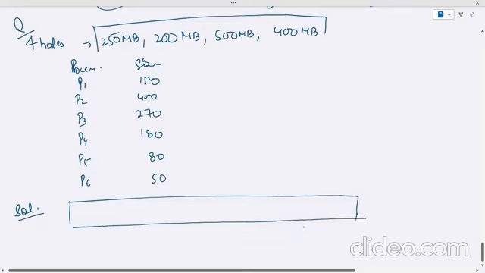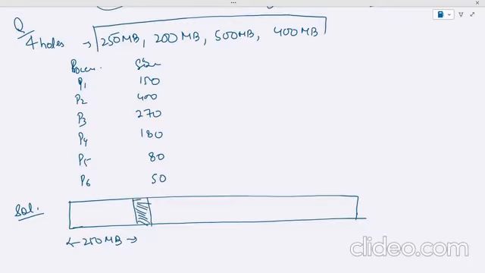Now it's dynamic partitioning. First of all, four holes. Let's say that this much space is 250 MB. Then we have a block which is already filled by some other processes, except these six, so we cannot use this space. After that, this block is of size 200 MB.